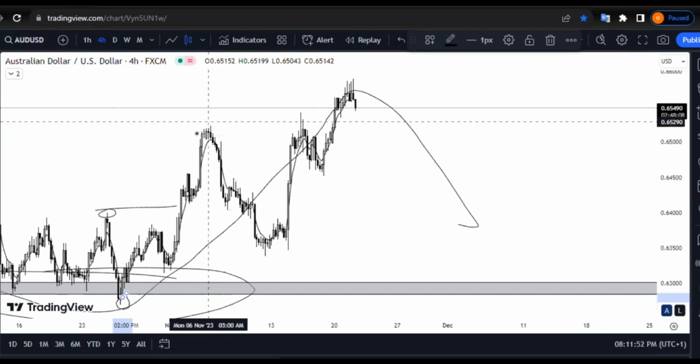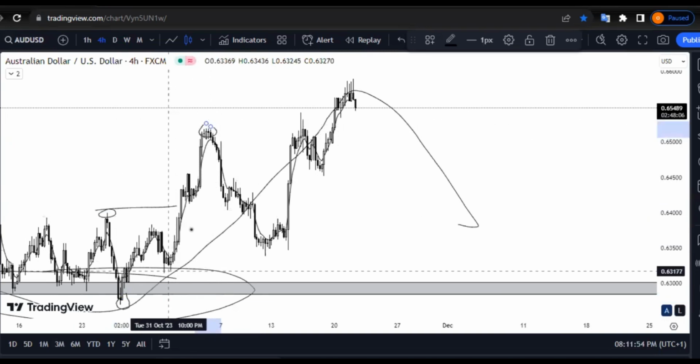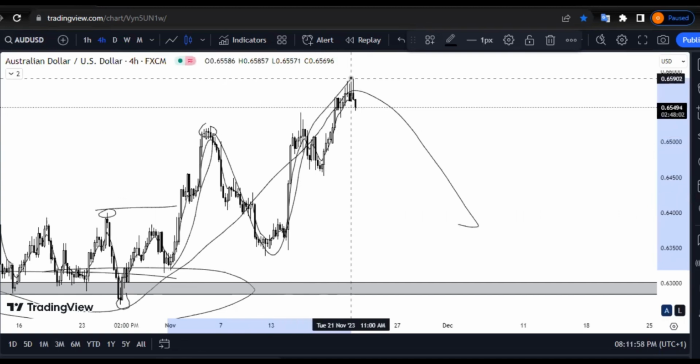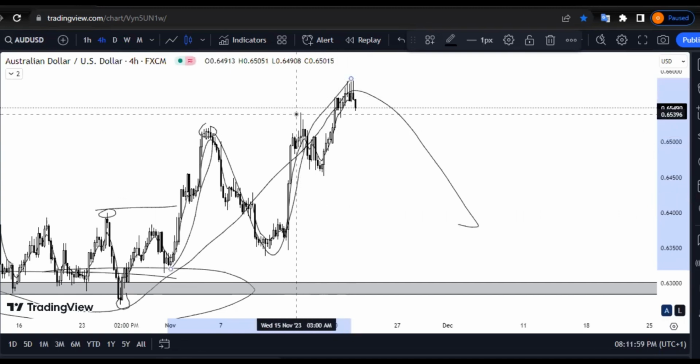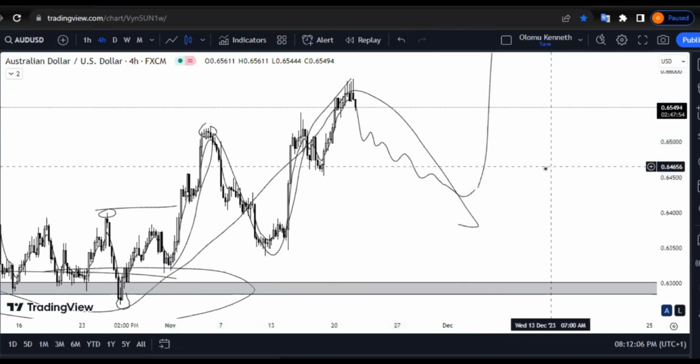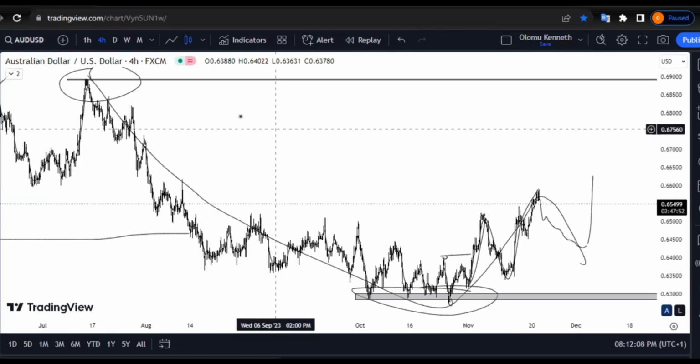Then we had our impulse to the upside, impulse, correction, impulse. All of this is more like a correction. I want to see the market come down, then push up. So anything that has to do with the dollar, we have to go in favor of the dollar.